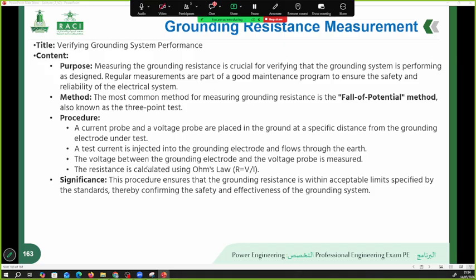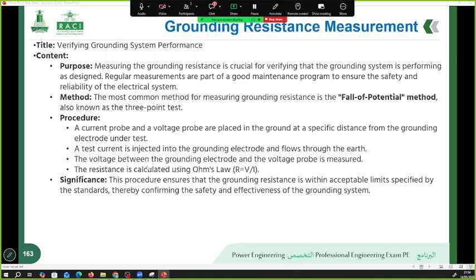So this measurement is a fundamental part of an electrical safety and maintenance program. So the primary purpose of measuring grounding resistance is to verify that the grounding system is performing as designed and that its resistance is within the safe limits specified by standards like IEEE 80.